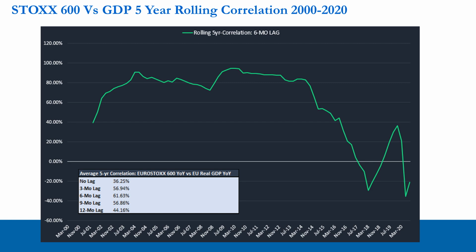But from 2015 onwards, low interest rates or even negative real interest rates and bond purchase programs have had much less of an impact on Stoxx 600 year-on-year percentage returns.